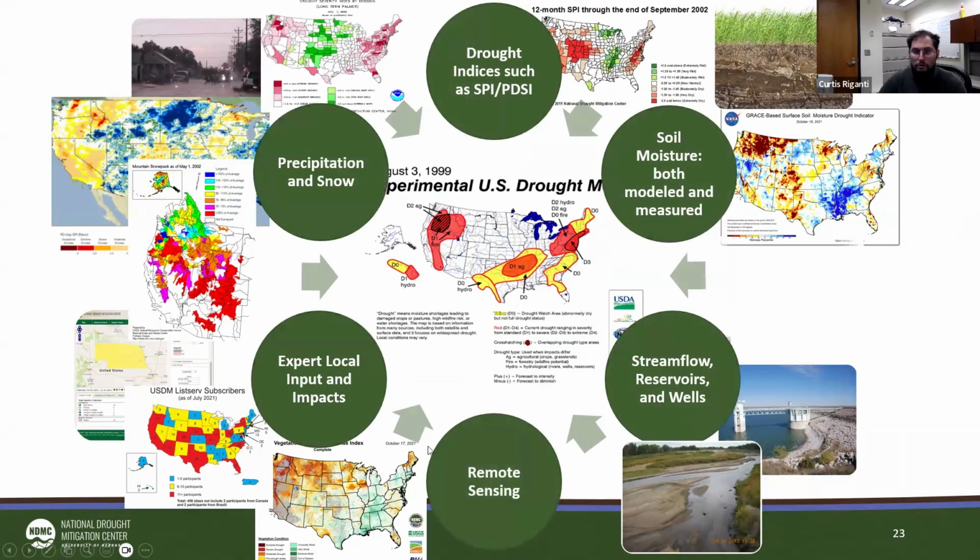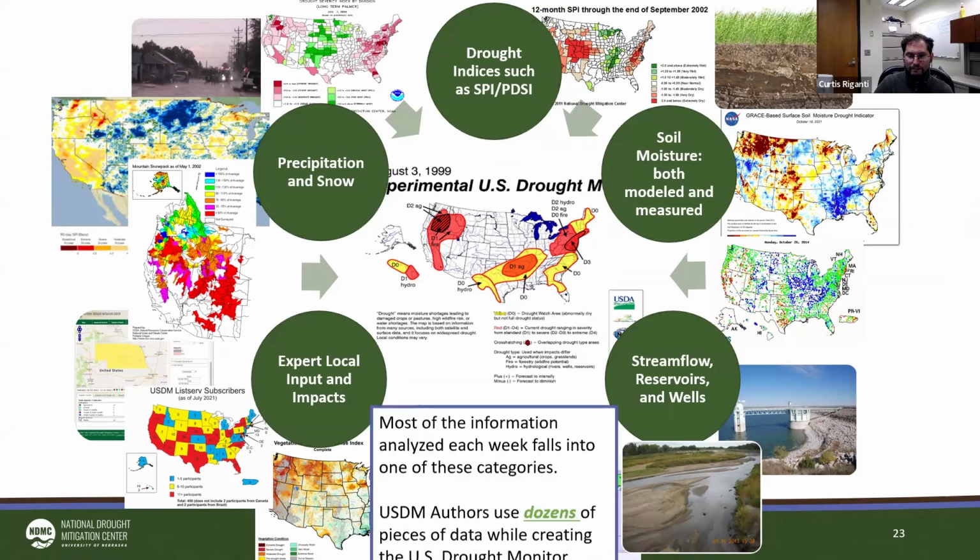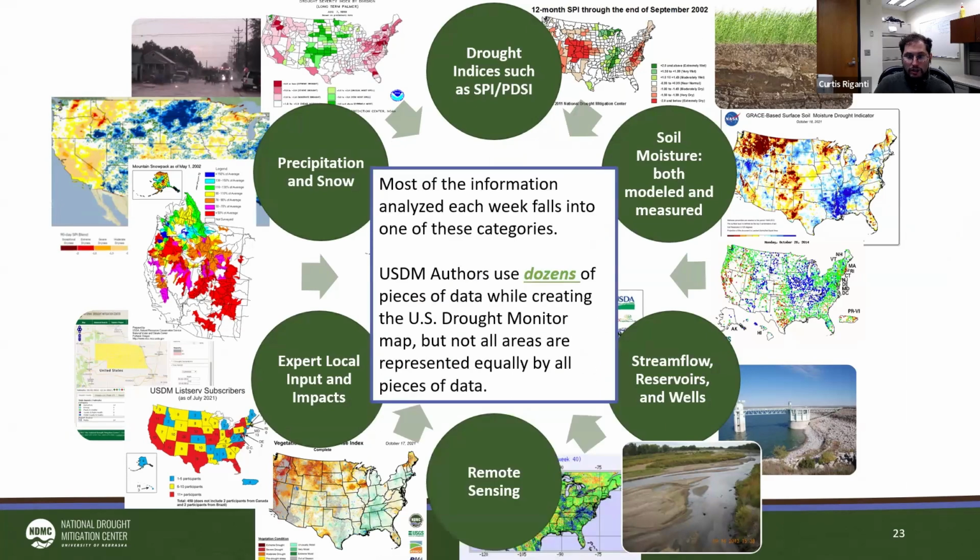And so when we're trying to account for all of these different types of data sets, again, it's a lot of data that goes into one map. So all these different maps that you see on the screen give you some idea of the different types of things we're looking at. Not all areas are going to be represented equally by all pieces of data.